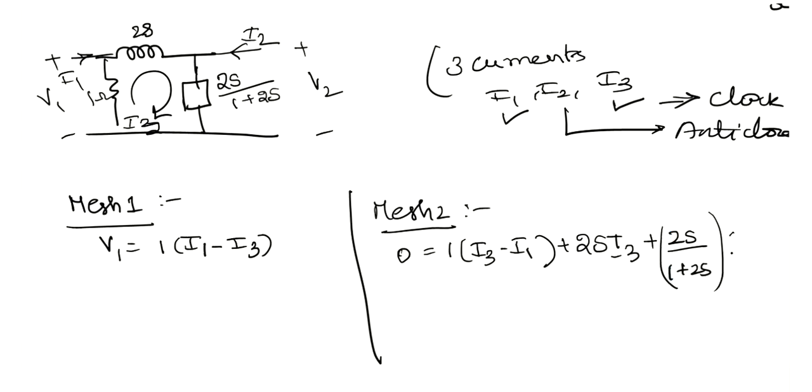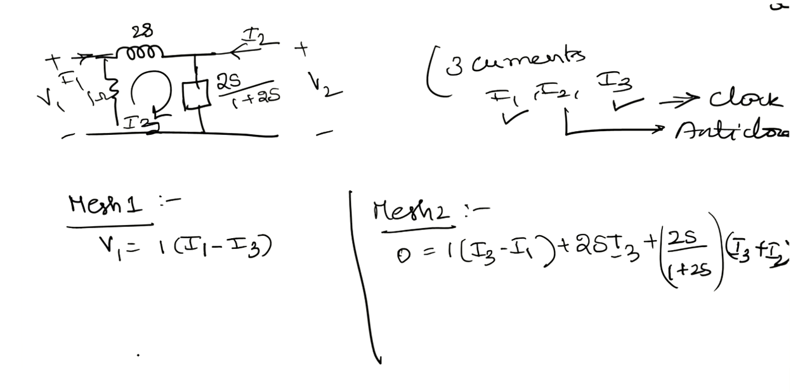Tell me the current direction. Here it is present in between the two currents I3 and I2. I3 flowing in clockwise, I2 flowing in anti-clockwise. Now tell me the equation. That is opposite direction, so it is I3 plus I2. Once you're strong in this current equation, you can solve any problems.